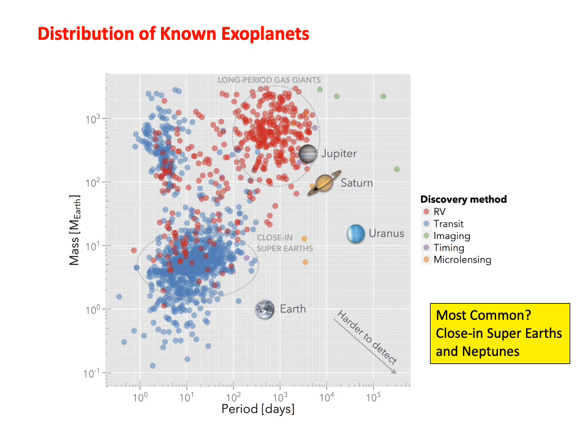And so we want to ask the question, are they in habitable zones or not? Well, we'll get to that in a bit, but I just wanted to show you this distribution of known planets in terms of how long they take to go around their central star, and what their distribution of masses are. What we see here is that close-in super Earths and sub-Neptune planets are the most common.